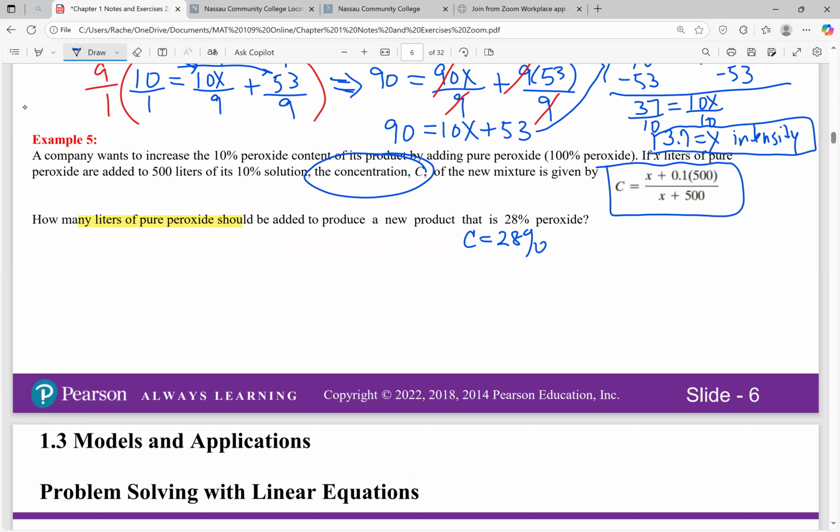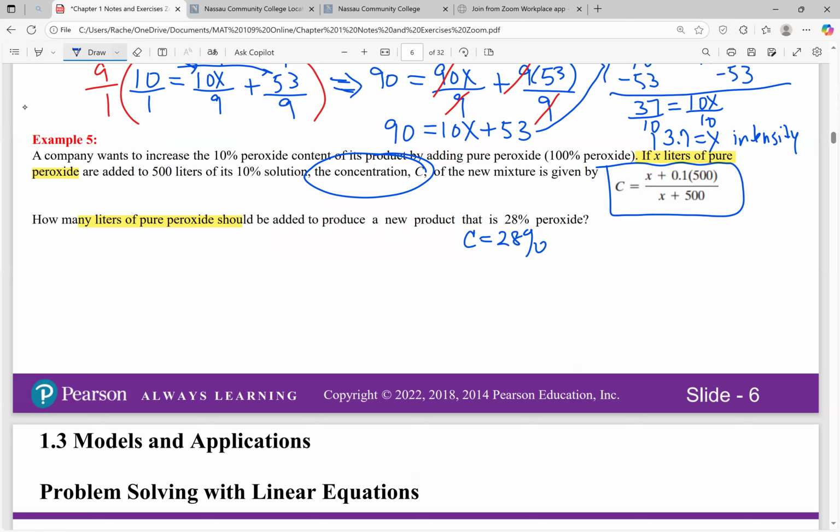And X represents the number of liters. So X liters of pure peroxide. So that's what we're trying to solve for here. What is X if we want our concentration to be equal to 28%?